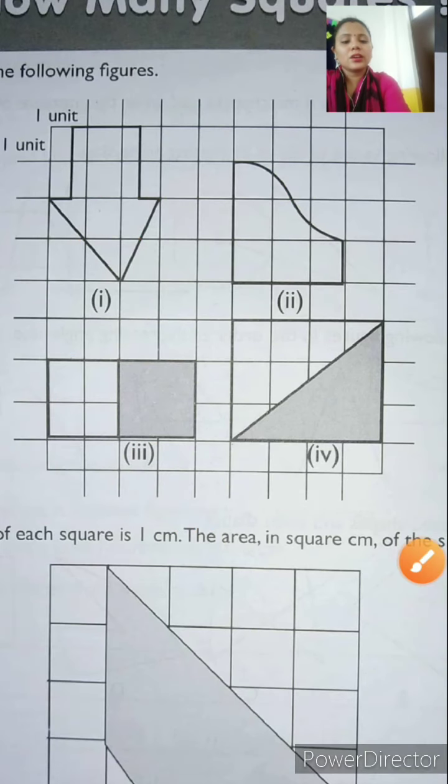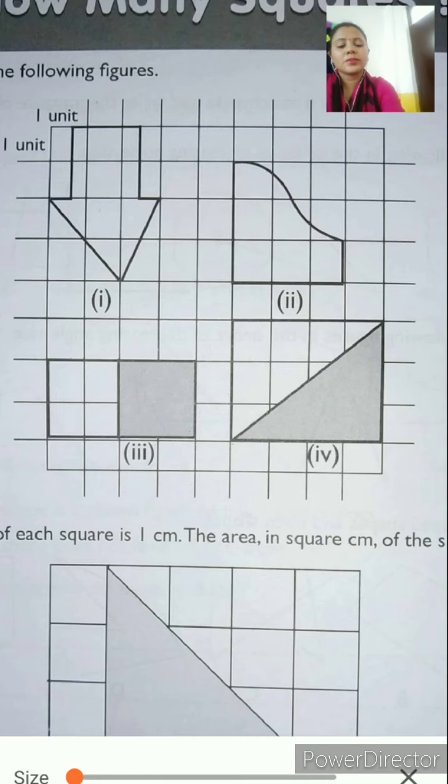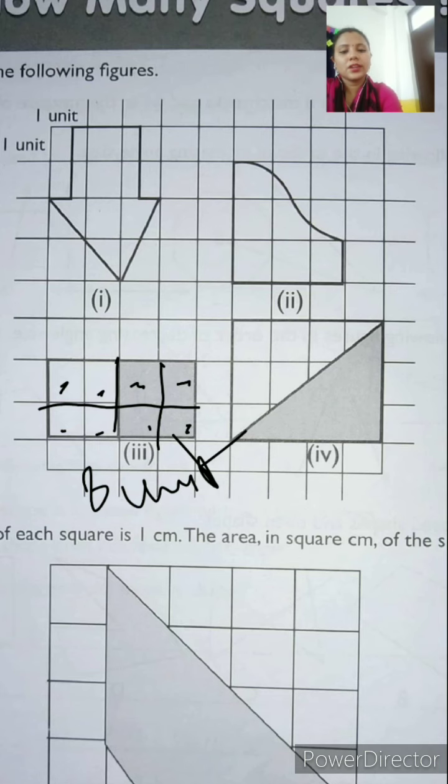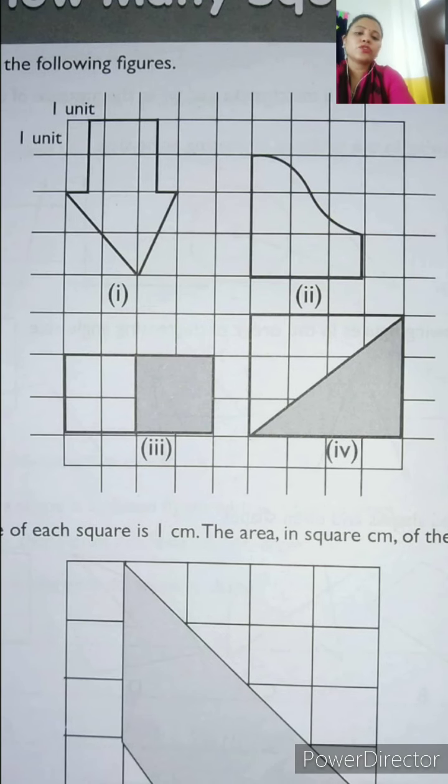You can also do it by counting. First just complete the grid, and that is 1, 2, 3, 4, 5, 6, 7, 8. So the answer is 8 units. Clear? Now just check it for question number 4.